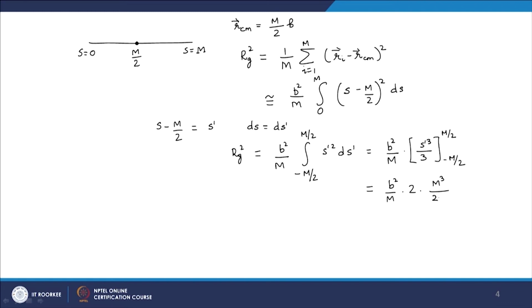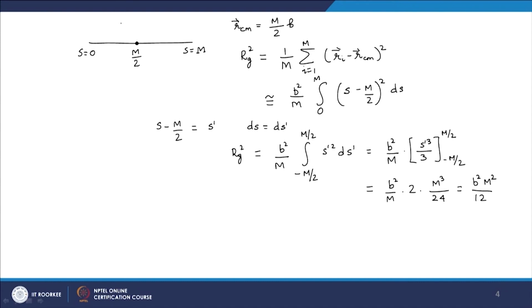So, it is 24, and so we get... okay. So, now of course, instead of the Rg squared going like m, now it is going like m squared. That is the kind of behavior we expect in the rod like chain.